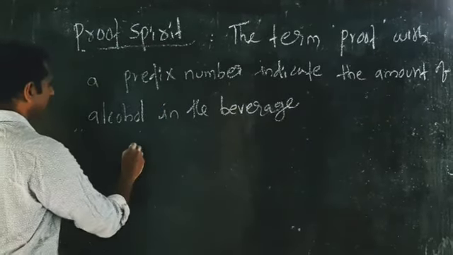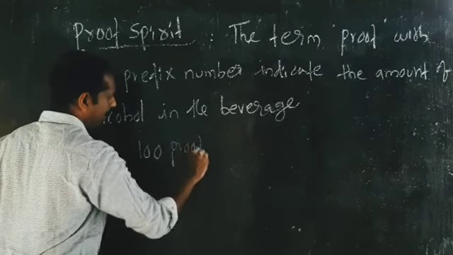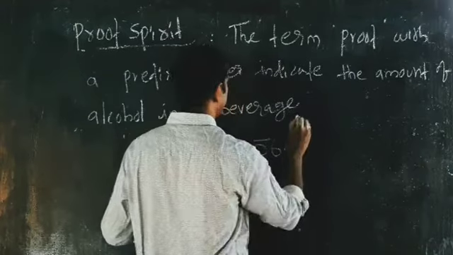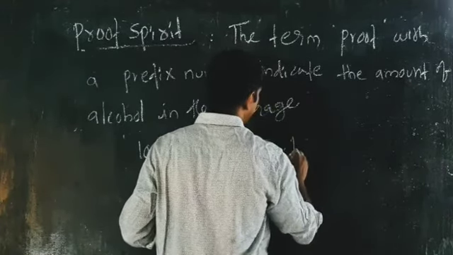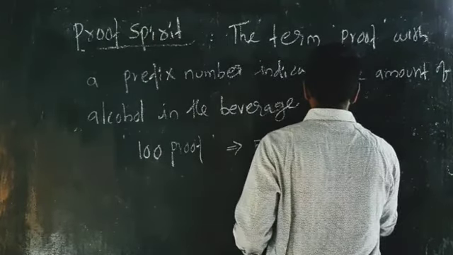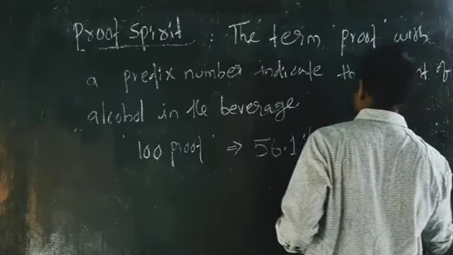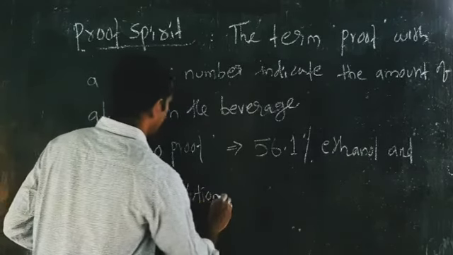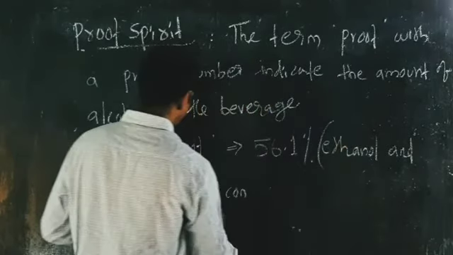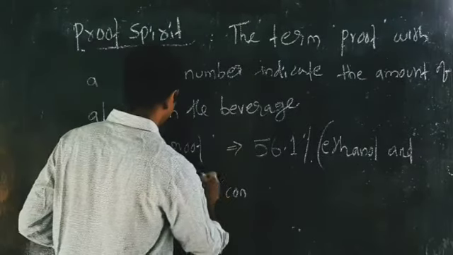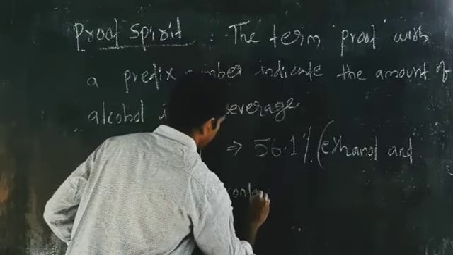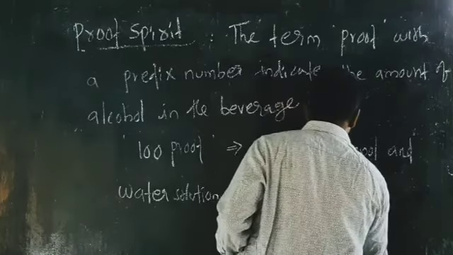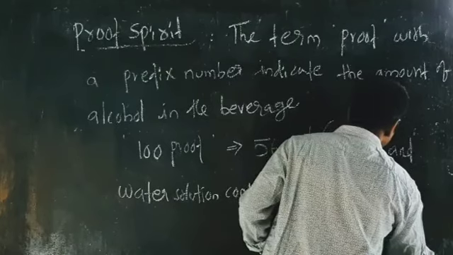For example, 100 proof in the UK and Canada means the solution contains 56.1% ethanol by volume, an ethanol and water solution.